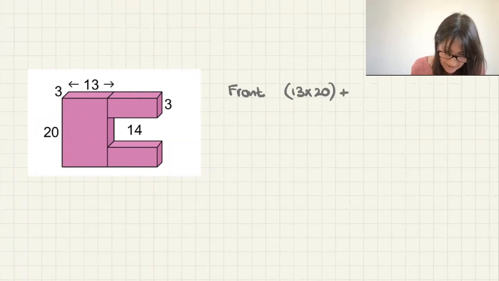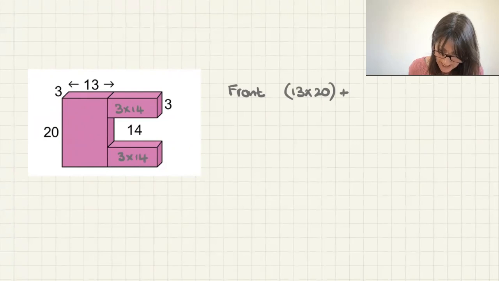Looking at this top cuboid, I've got a 3 and a 14. So this face here, I'm going to write it on the face itself. That is 3 times 14, and that is 3 times 14. So I've got 2 lots of those.